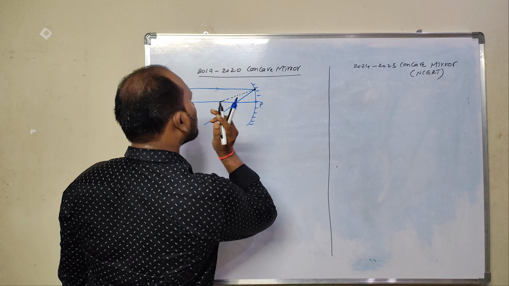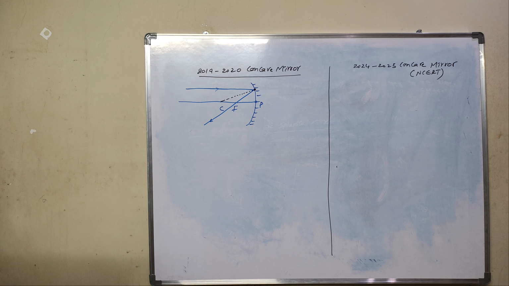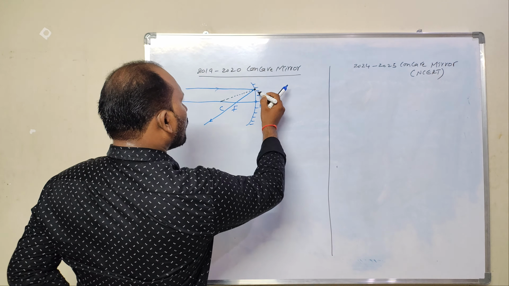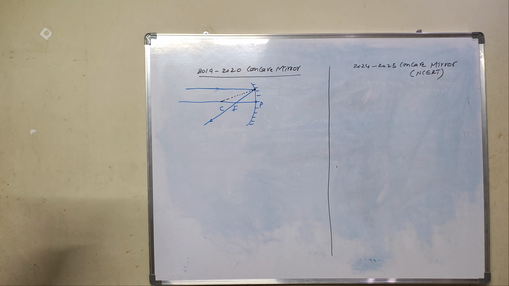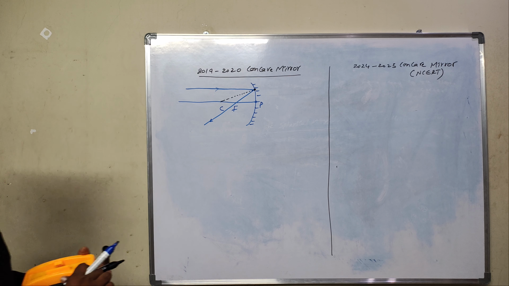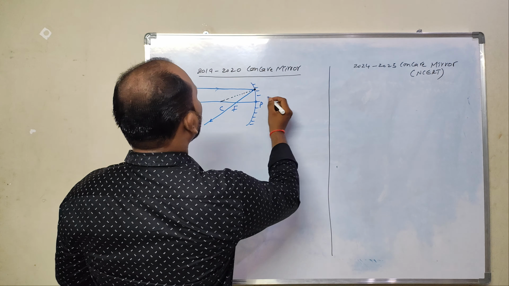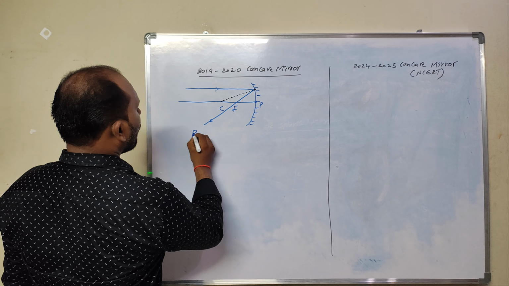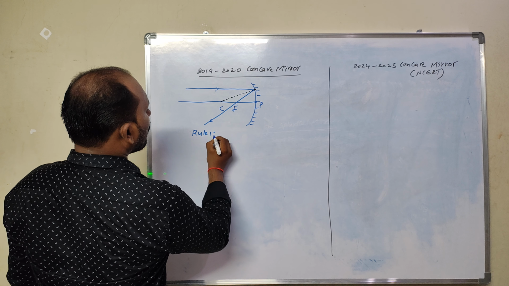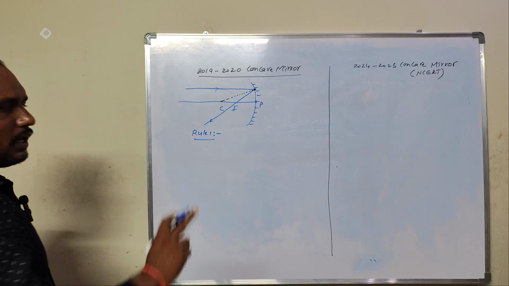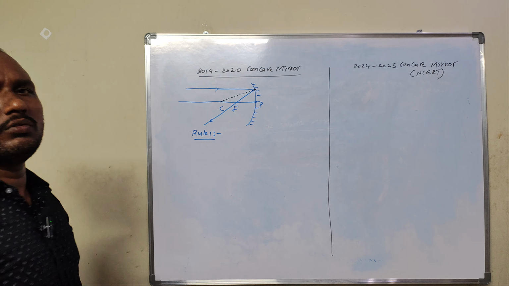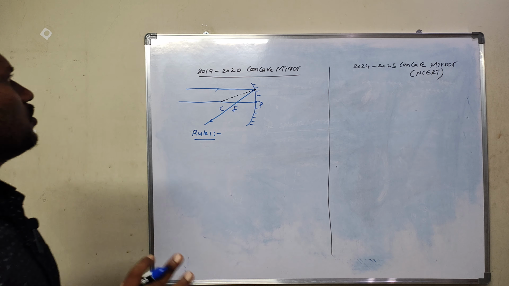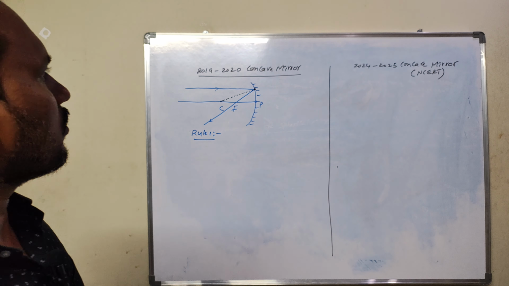So that is what we have to notice. This is rule one: a ray which is parallel to principal axis passes through focus. So that is the 2019-2020 concave mirror.